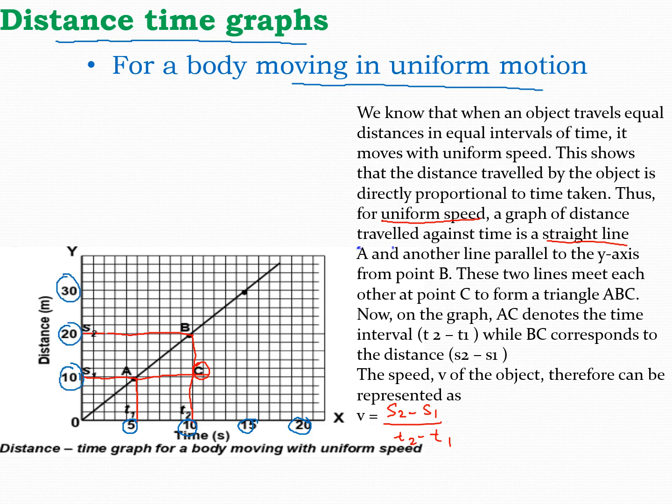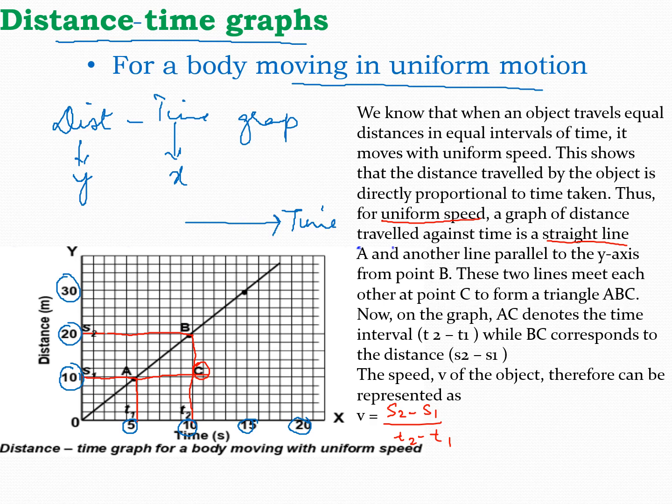Now you have to remember, when I say distance-time graph, it means distance will be on the y-axis and time will be on the x-axis. Every time, time will be on the x-axis because time is not controlled. You cannot control time. Time will vary, and with the time the distance will change.